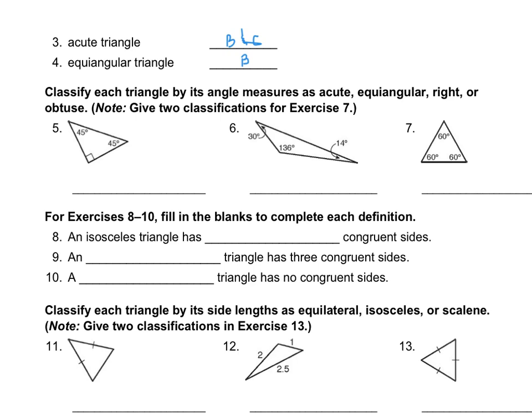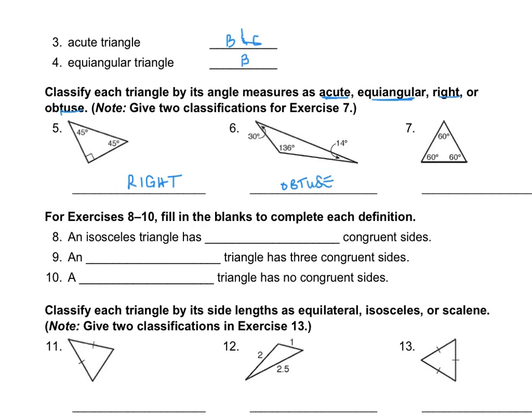Classify each angle by its angle measure as acute, equiangular, right, or obtuse. Give 2 classifications for exercise 7. Okay, so we need to say if it's acute, equiangular, right, or obtuse. So for this one, this would be right. For the next one, this is obtuse, because I just need one obtuse angle, and I have it, so it's obtuse.